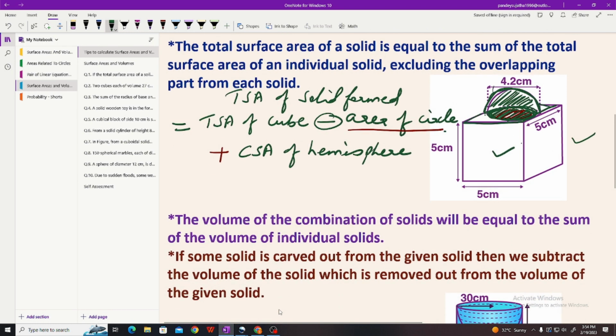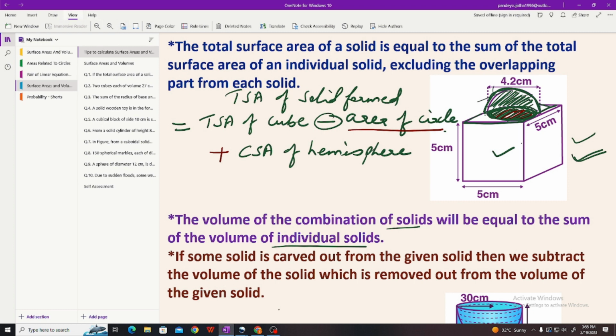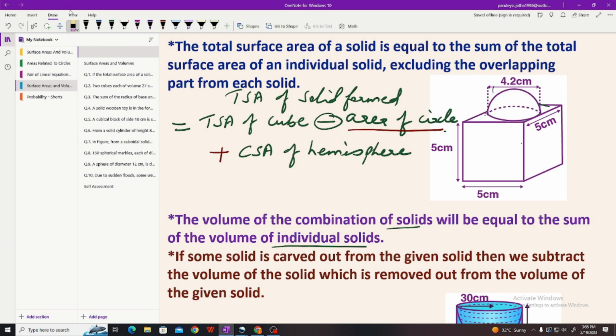Now just see for the volume, how to calculate the volume of the combination of solids. To calculate the volume of the combination of two solids, we need to calculate the volume of individual solids. So for this same figure, to find the volume of the new solid, we need to find the volume of the hemisphere plus the volume of cube.